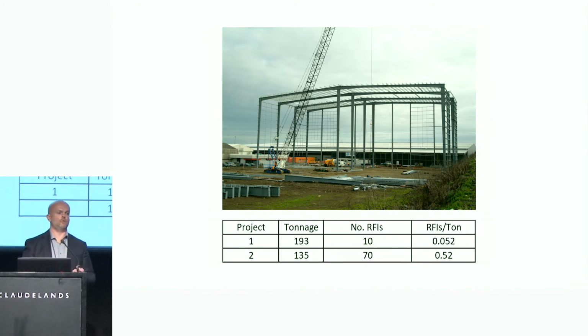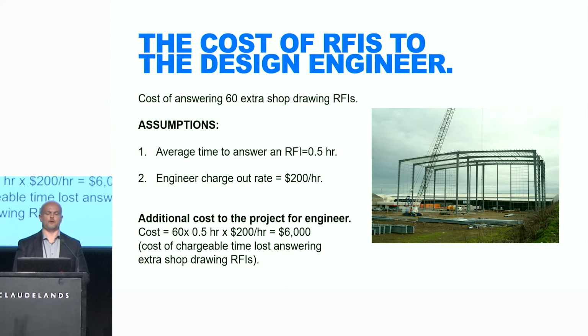He asked how long it takes someone who's very experienced at this type of work to answer those RFIs, and he said it's around half an hour for an RFI. Once again, if we just use a basic charge out rate of a couple of $100 because it makes the maths easy, then all of a sudden you may have underbid on that job by $3,000, $4,000, whatever it may be.